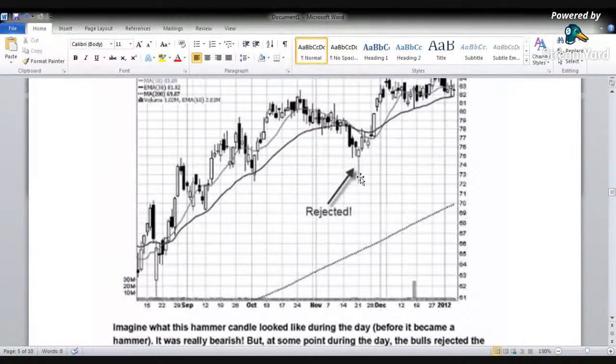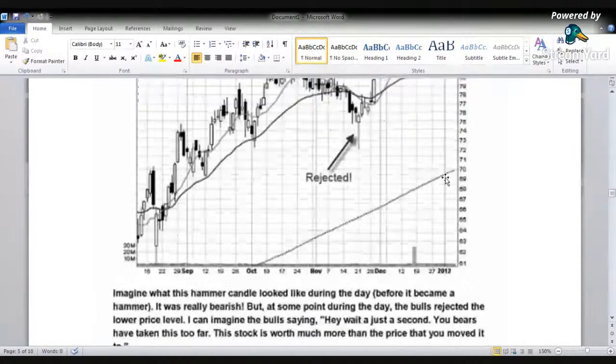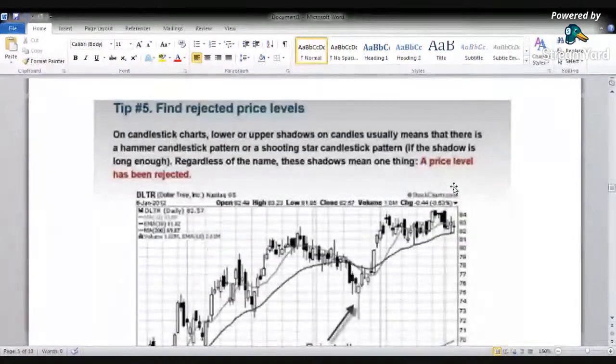So ibig sabihin, aggressive yung buyer. Tinulak na ng seller pababa, but the buyer continued buying and then suddenly the price went up. So yun po yung one of the tips that we need to see in the stock market chart. Find the rejected price level.